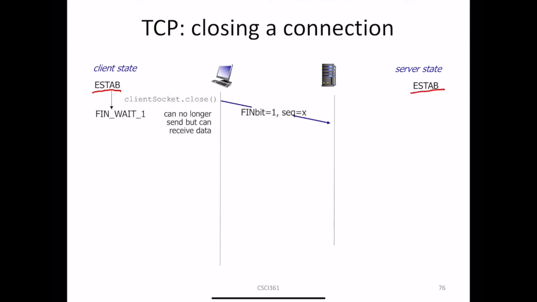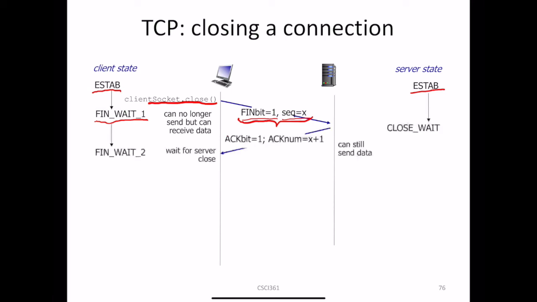Then the client side will call the close function and send a segment to the server side, within which it sets the FIN bit to 1, and the sequence number is X. After the client sends this segment out, it can no longer send, but it can still receive data. And the client state will change to FIN wait 1 state.